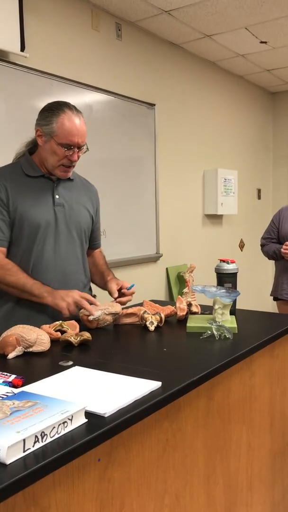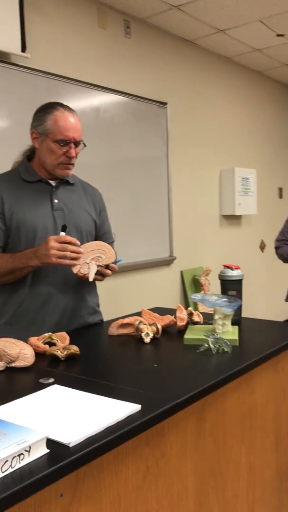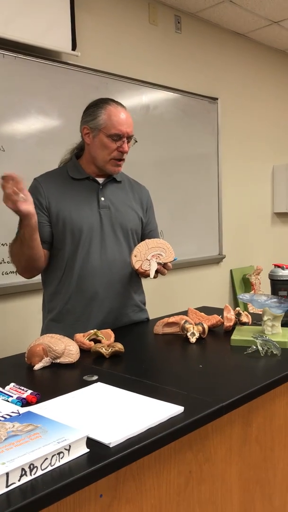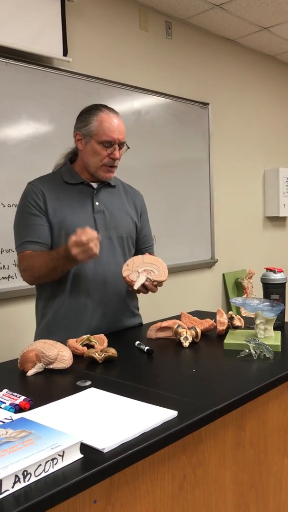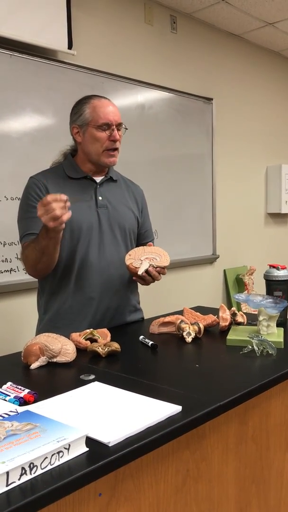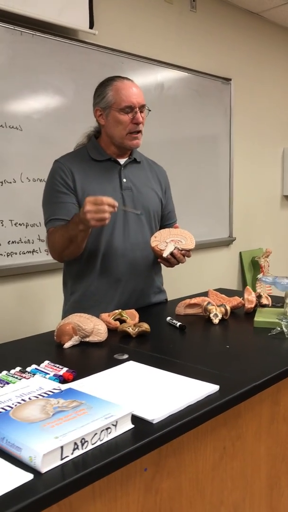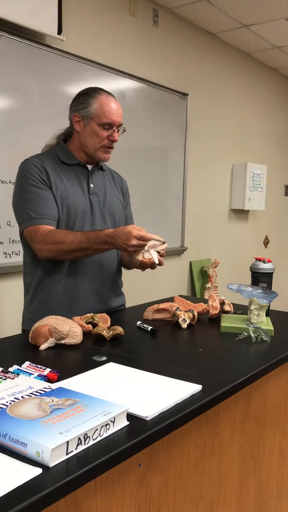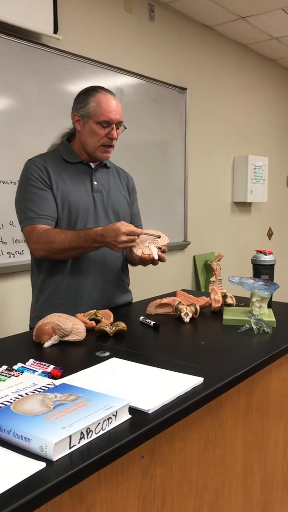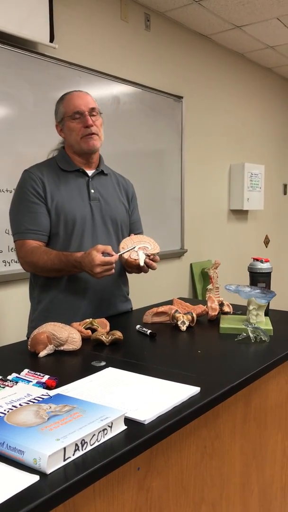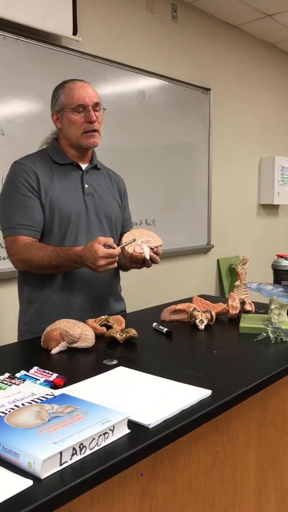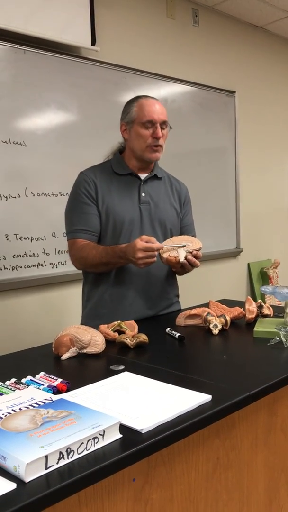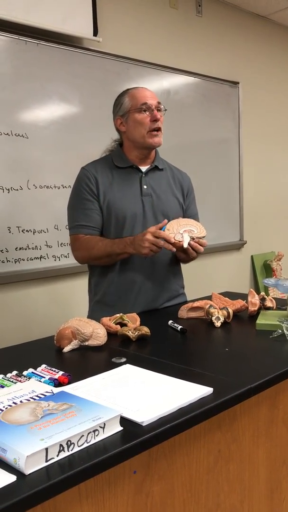So remember, when we did the structural organization of the brain, you had the prosencephalon, which consisted of the telencephalon and the diencephalon. The telencephalon were the cerebral hemispheres. The cerebral hemispheres have an outer gray cortex, the centrum semiovale, which consists of the white matter, different tracts. And then you had these basal nuclei at the base of the brain.